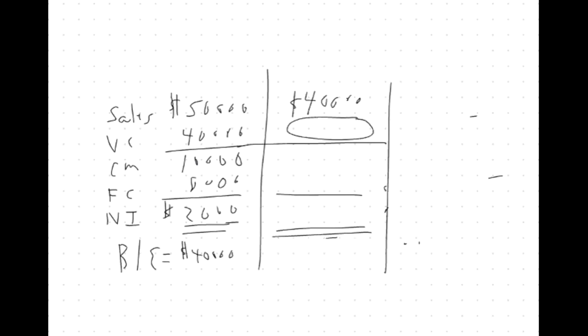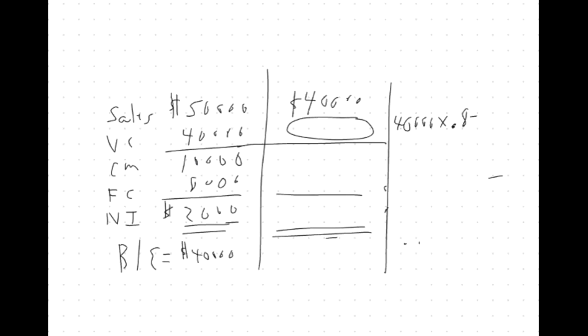Any idea? All right, let's skip it for a moment. No, you don't, divide's not going to work. I don't want to skip it. You're going to use the variable cost ratio. Everybody should have known that. 40,000 times 0.8.